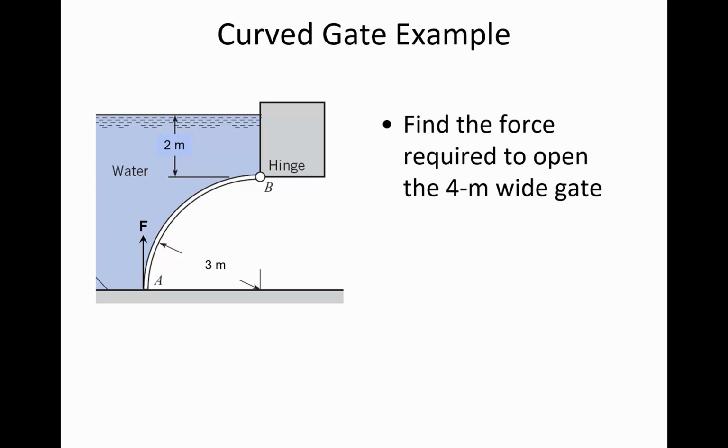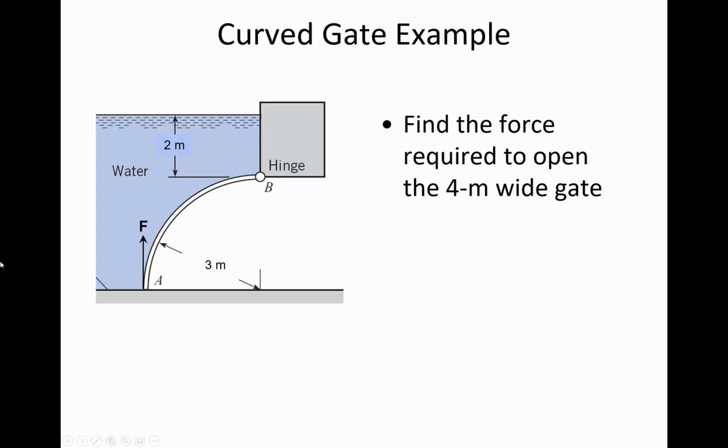Think about what forces right now are keeping the gate closed. There are vertical forces acting down on the gate, pushing on the gate in a counterclockwise manner. So that's keeping the gate closed. Also, there's the horizontal component coming in from the side, and that likewise is pushing in a counterclockwise rotation. So the horizontal component is keeping the gate closed.